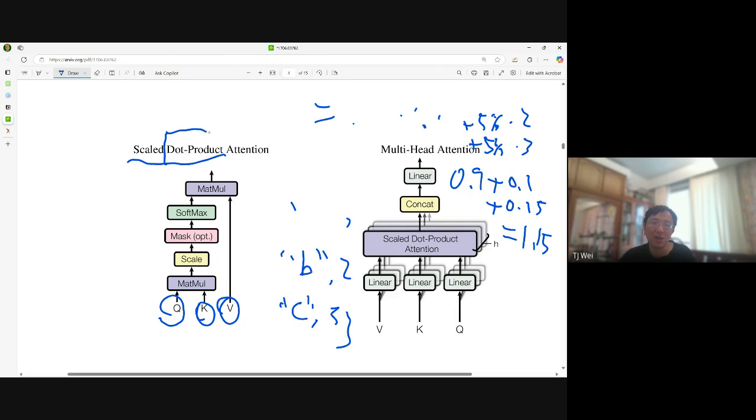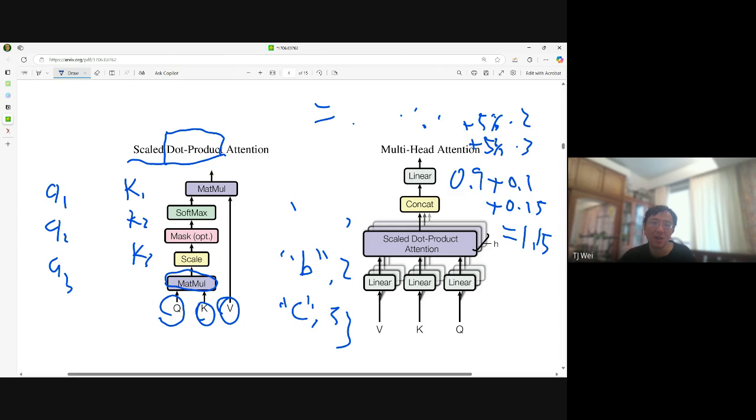The first keyword is dot product, 就是点积或者称内积. So if we consider a real vector space, the dot product is the inner product that you are familiar with. So the matrix multiplication is in fact the dot product. So we have Q1, Q2, Q3, and K1, K2, K3.